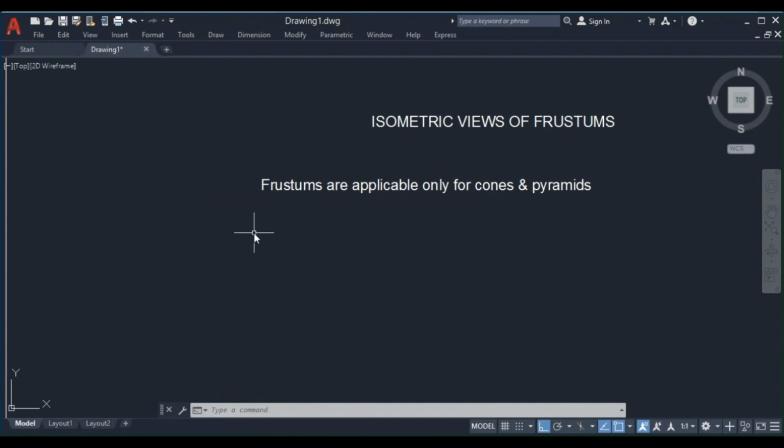Draw the isometric view of a frustum of a cone, of its top and bottom diameters are.